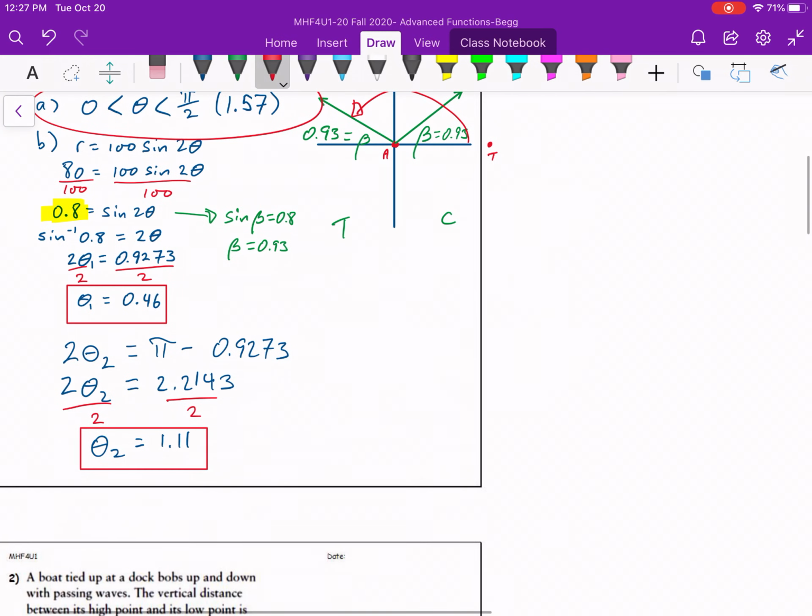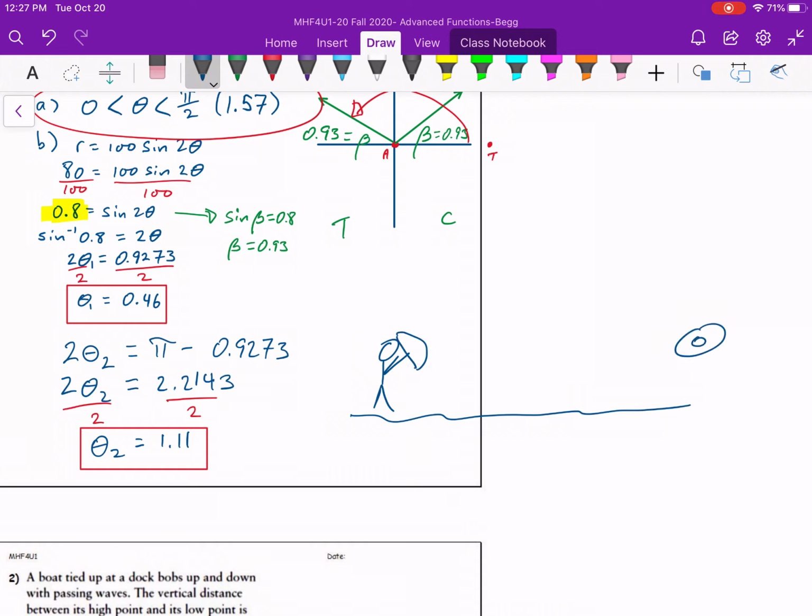So the interpretation of it then would be, here's the ground, here's an archer with their bow and arrow, and they're going to shoot their arrow at a target over here somewhere. And so they do one angle. There's 2 shots they could make to hit this target.